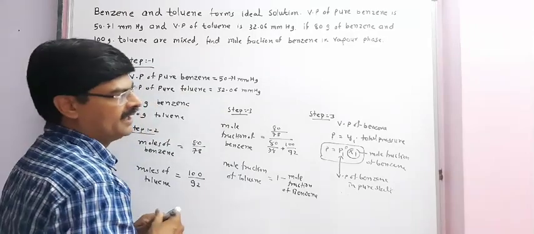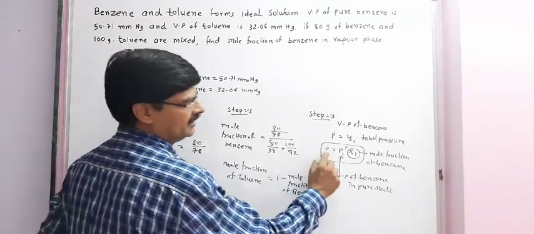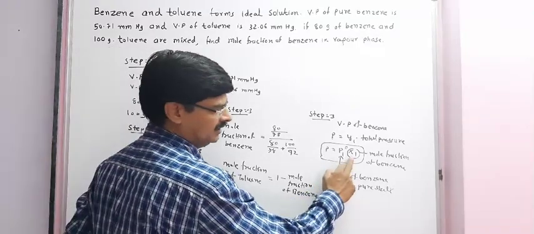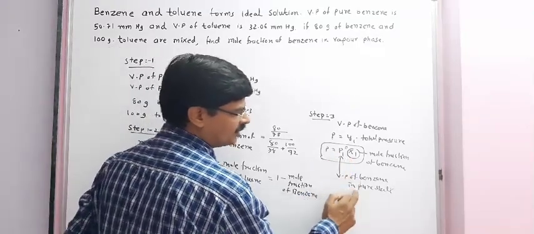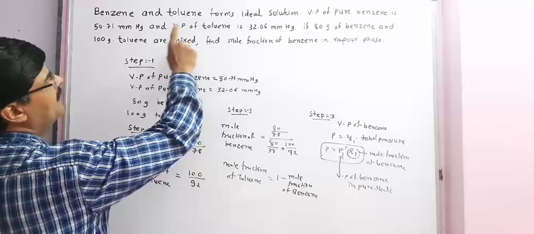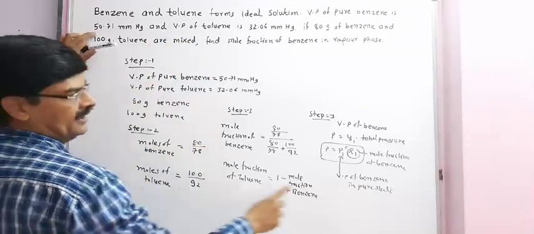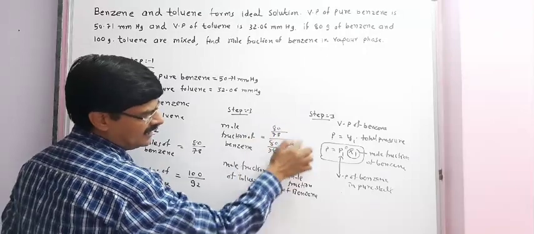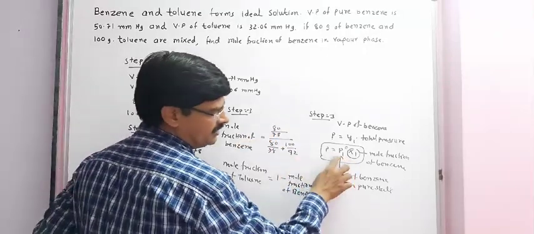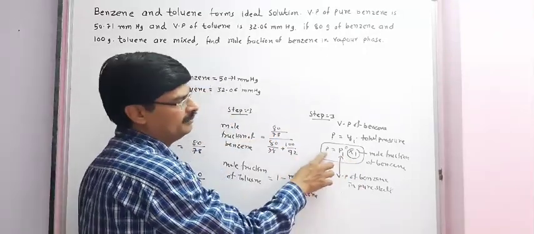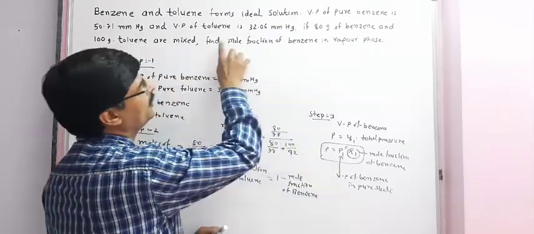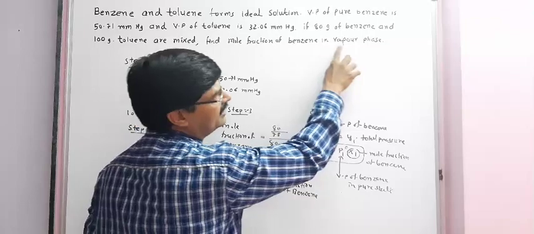Once more I revise, please try to understand. Suppose we have P is equal to P1 naught X1. P1 naught is the vapor pressure of benzene in pure state, that is already given to us, 50.71, and the mole fraction value we will get from the previous calculation. Just multiply, and we will get the pressure in vapor phase, because we have to find out the mole fraction of benzene in vapor phase.